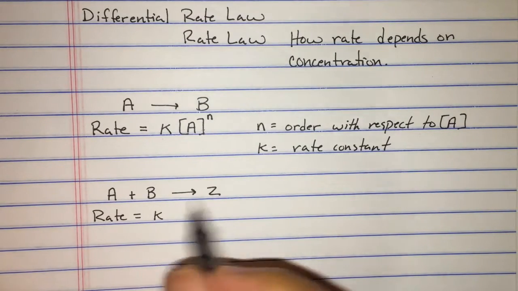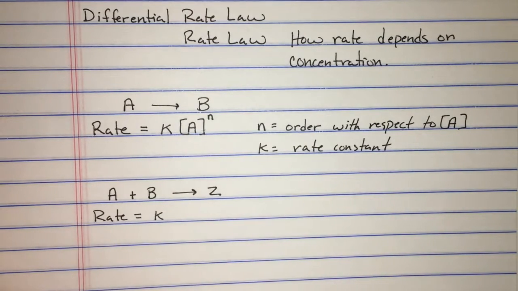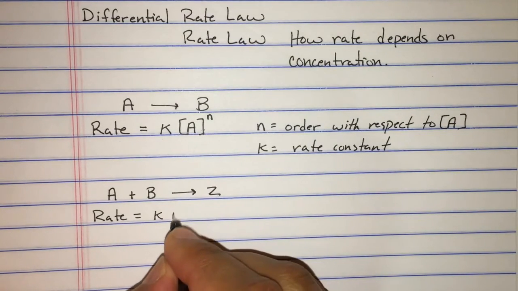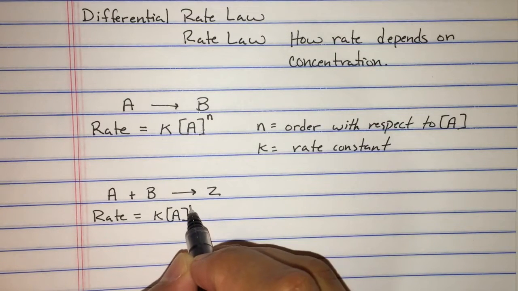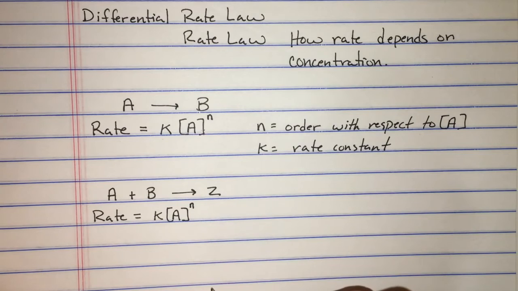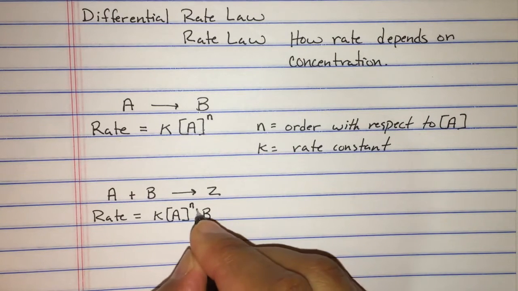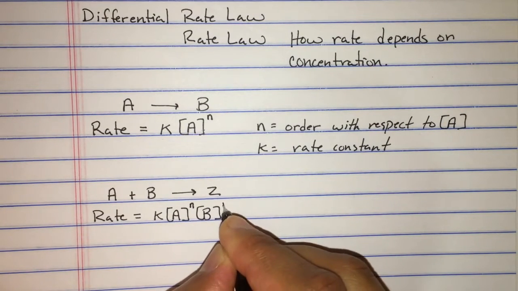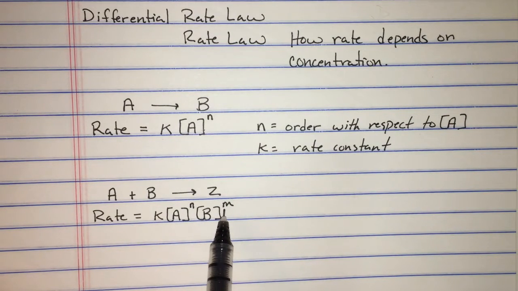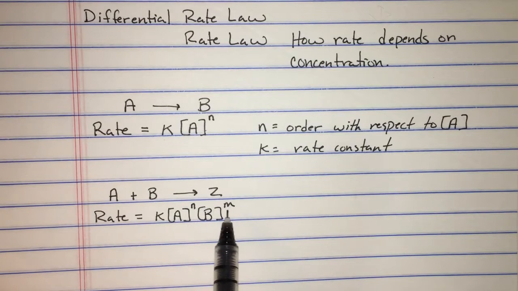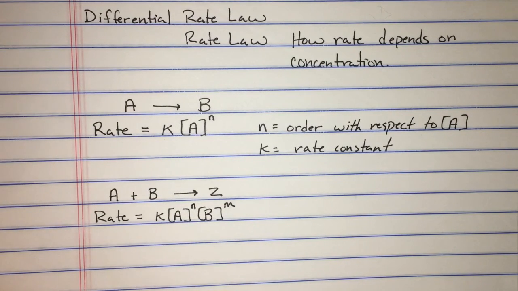And because the rate law is dependent only on the reactants, we're going to write the reactants down. A raised to some power times B raised to some power. Notice I've given each species its own power. Now, sometimes these powers might be the same, sometimes they're different. And so we need to go find those numbers based on some data. So we'll do that in another example.